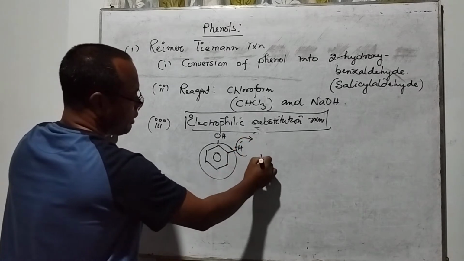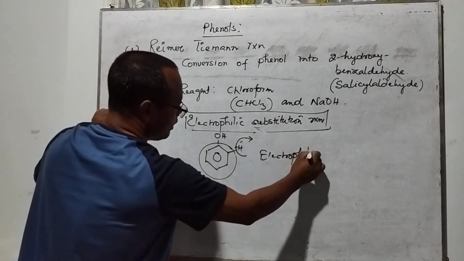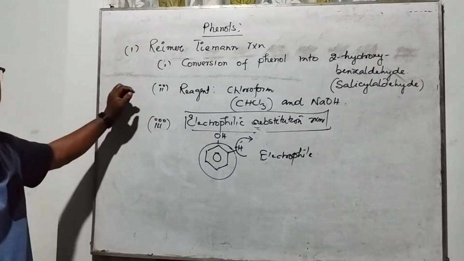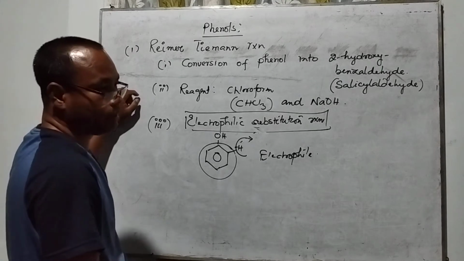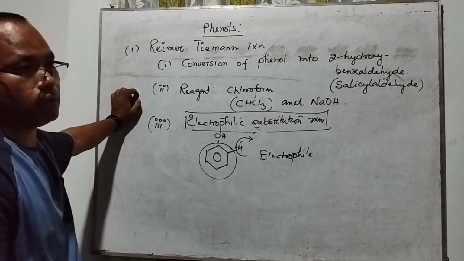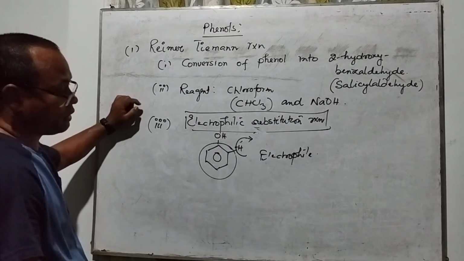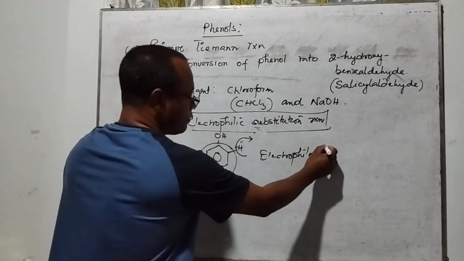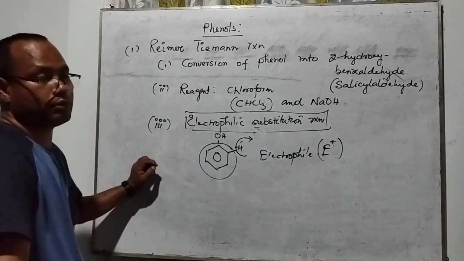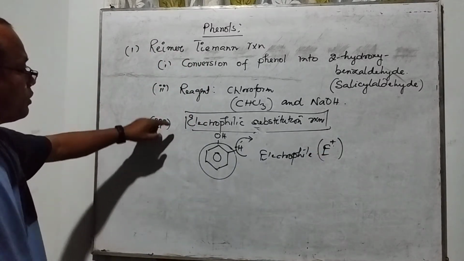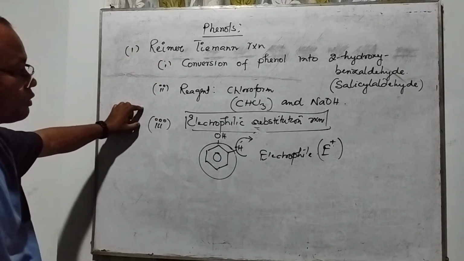replaced by the electrophile. The electrophile is the attacking reagent, which always attacks the carbon where the electron density is very high. The electrophile normally carries a positive charge or is an electron-deficient species. In the Reimer Tiemann reaction, what is the electrophile?